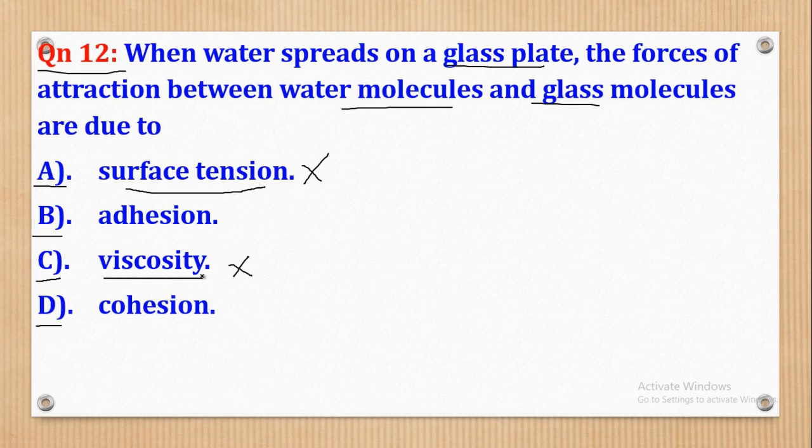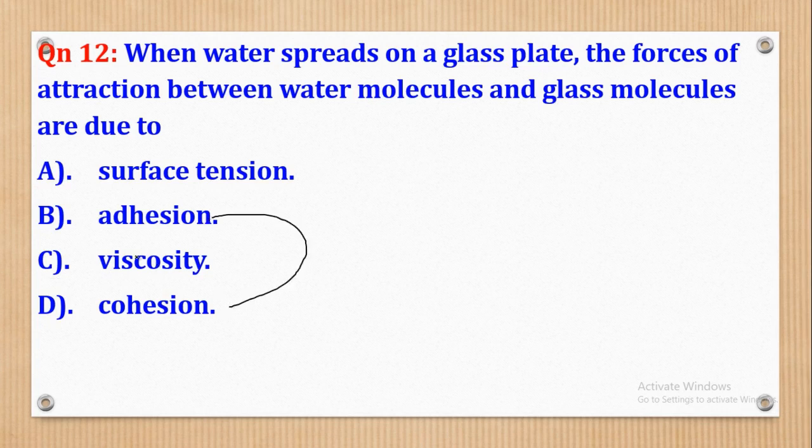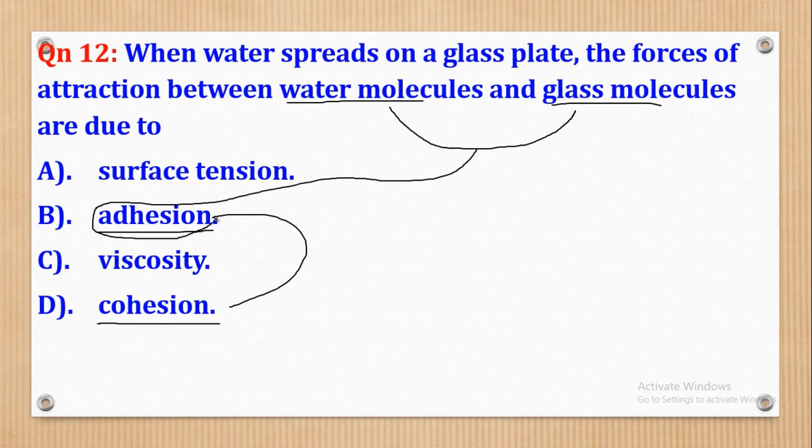Viscosity is fluid friction. Therefore, we have option B and option D. Now, adhesion is the force of attraction between molecules of different kinds, and cohesion is the force of attraction between molecules of the same kind. Here we have water molecules and glass molecules. So these ones are molecules of different kinds. Therefore, the correct option will be option B.